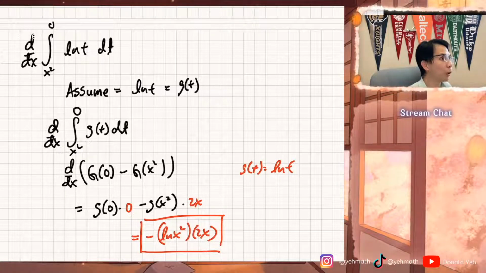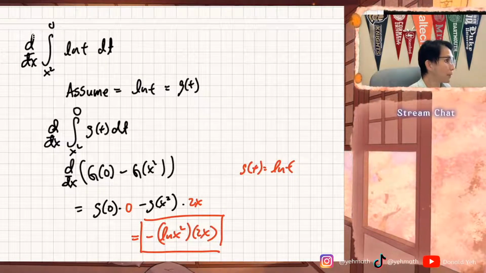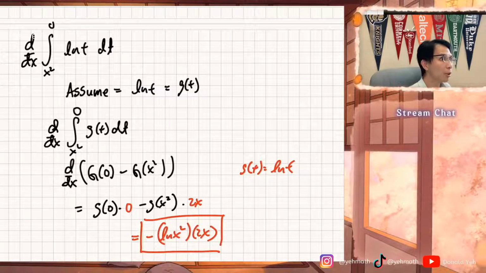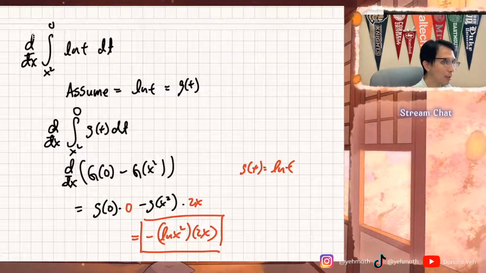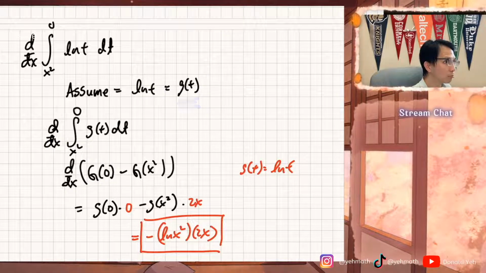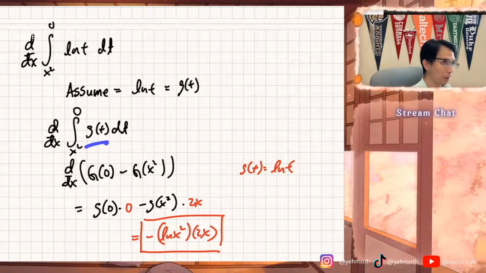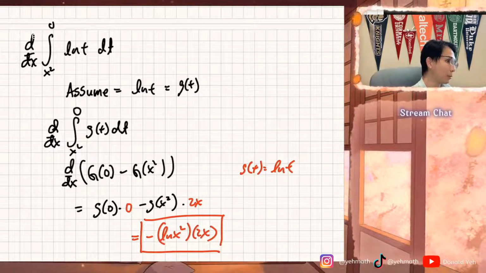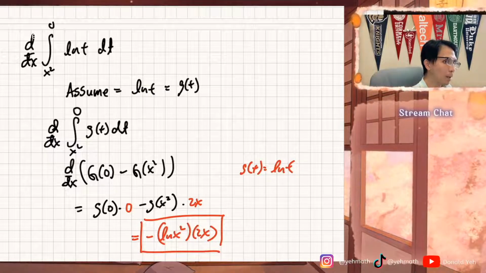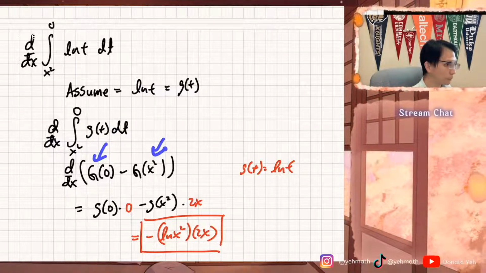You don't have to worry about whether you can integrate that function. You just write it as an expression, g of t, and integrate g of t, which gives big G.